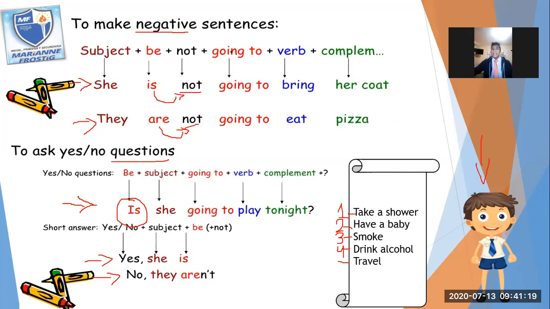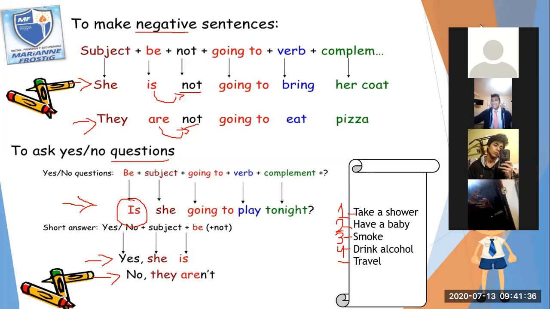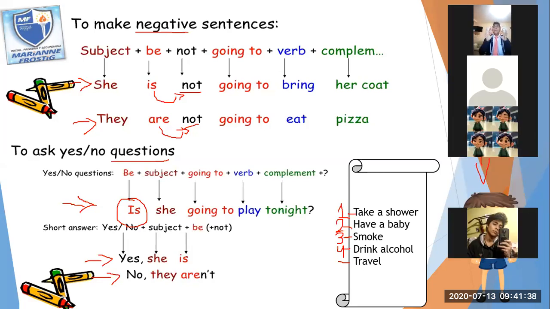And let me see, number 4 was Carolina, please. Tell me number 4, please. He isn't going to drink alcohol. Alcohol, that's perfect, Carolina. And Carolina, listen, please, you have the power in your hands, okay?